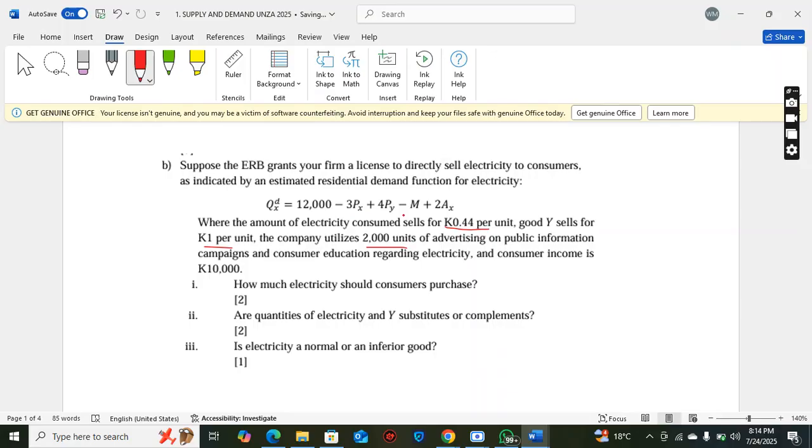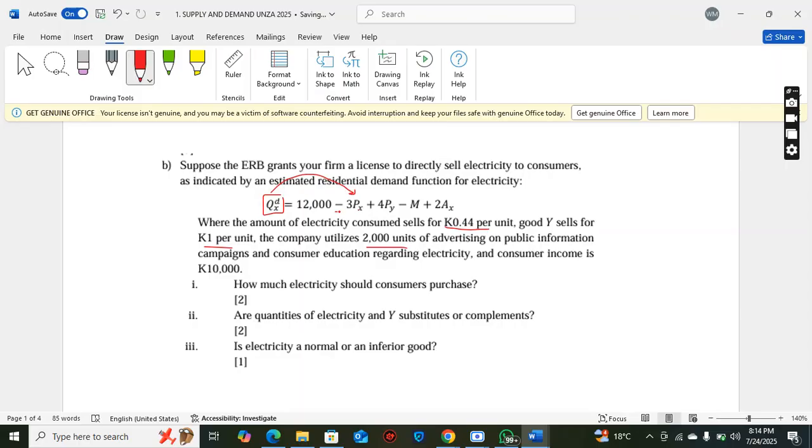But first things first, I just want to show you how to interpret these demand functions before we start answering. When you see a demand function like this, it means the quantity demanded for electricity, QDX, is dependent on four things. The first is the price of electricity.